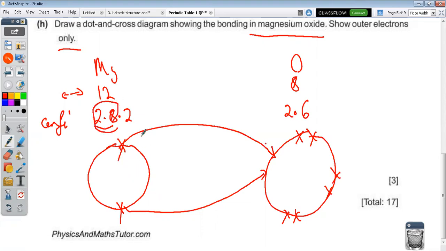Because it's giving away, I form an Mg2+ ion. This one is accepting 2 electrons, so I form O2-. It's 1 to 1, this one giving 2, this one accepting, so we have MgO in terms of the formula. Clear? Makes sense?